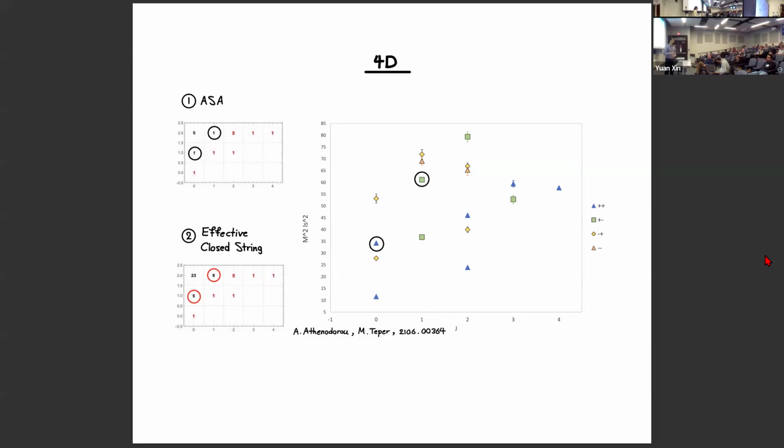Is there any positive explanation why it's there? Well, we have some explanation of how this ASA model is different from quantization, but why ASA matches better with glueballs is, I guess, mostly a phenomenological question.